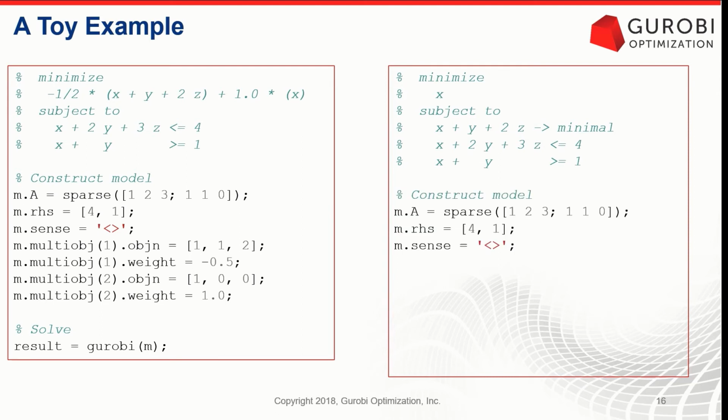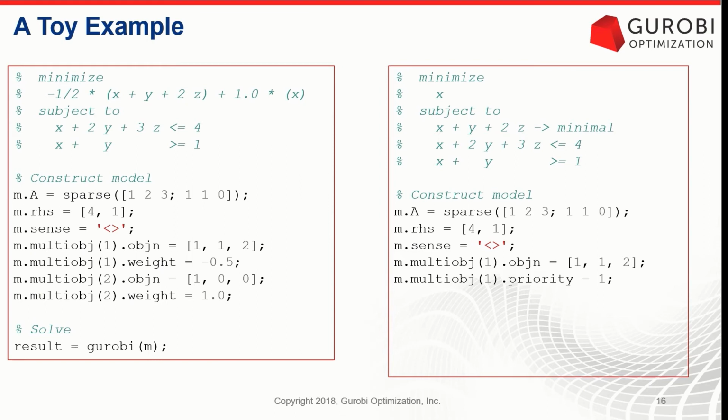First, we set up the other constraints and the right-hand side instances. We formulate the first objective function, which is the more important one. So the objective vector takes the value 1, 1, and 2 because you want that to be minimal. And now we assign a priority to the first objective function, 1.